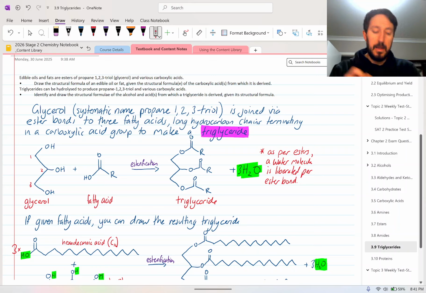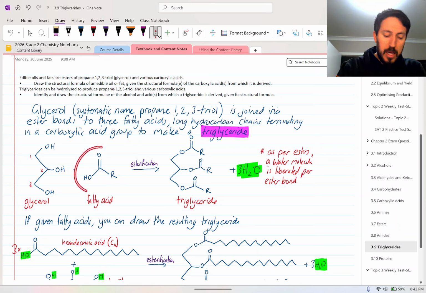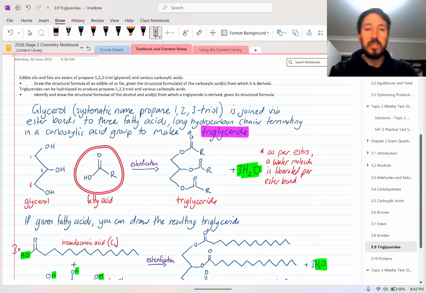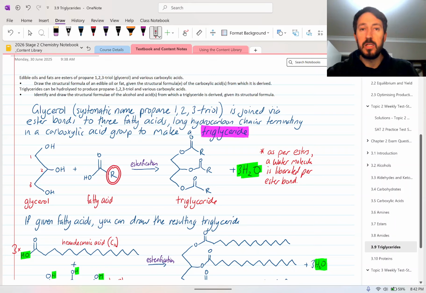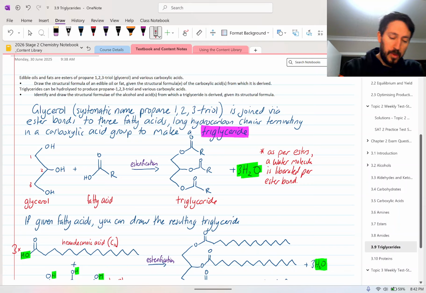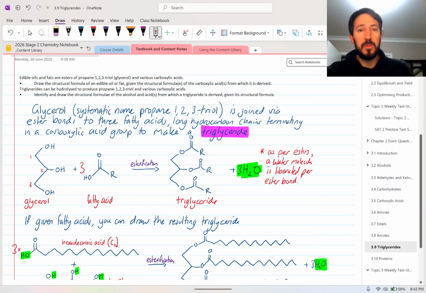Now, this shows us an esterification reaction that happens between a generic fatty acid, with this R group, and this carboxylic acid. I know it doesn't actually say it here, but I'll put it here. For every glycerol, because it has 3 alcohol groups, OH groups or hydroxyl groups, we need to join it with 3 molecules of fatty acid.